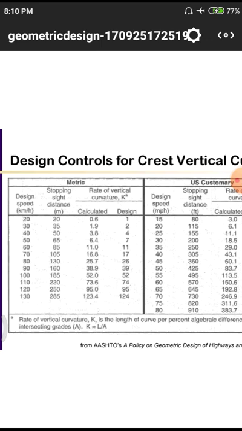So that for each and every vehicular speed, what is the stopping sight distance, what is the K values, all those things here mentioned. Why? Because all those are the keys for whenever we are designing a particular road. As per these rules and regulations, we have to use those values and we need to design. Otherwise, there may be a huge amount of accidents we have to face due to faulty designs.